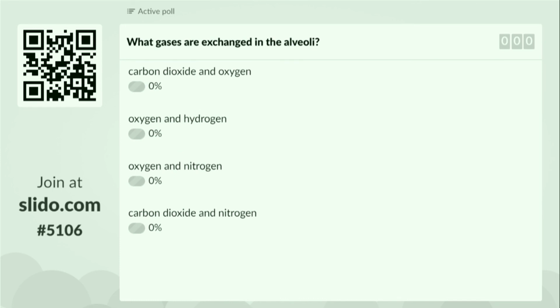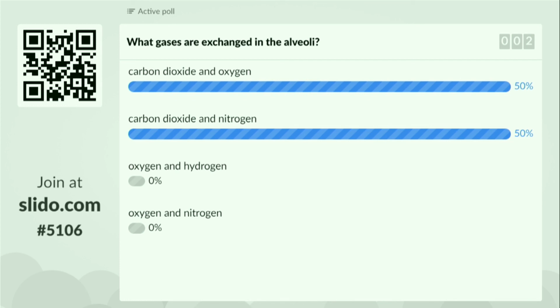Remember the grape-like structures with the blood vessel around it. Think about what gases are going to be exchanged there. Okay, looks like we're 50-50 here, but our correct answer is carbon dioxide and oxygen. Remember, it's going to put oxygen into our blood vessels, and it's going to eliminate carbon dioxide.